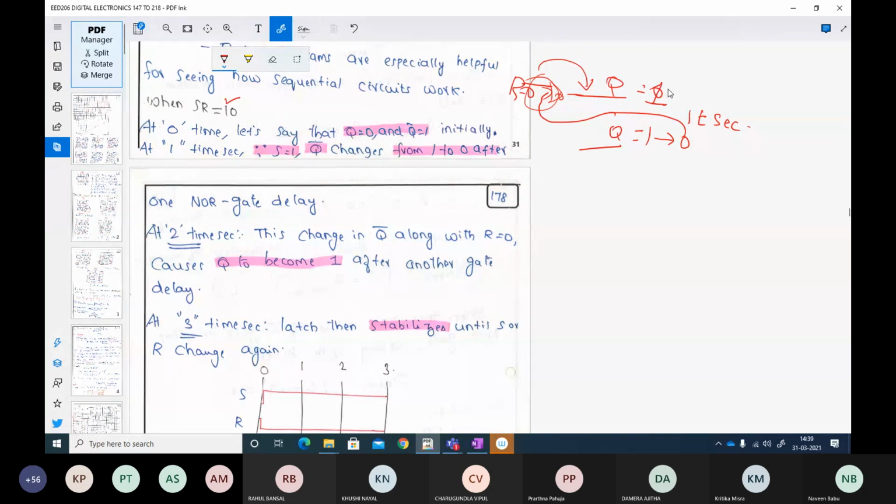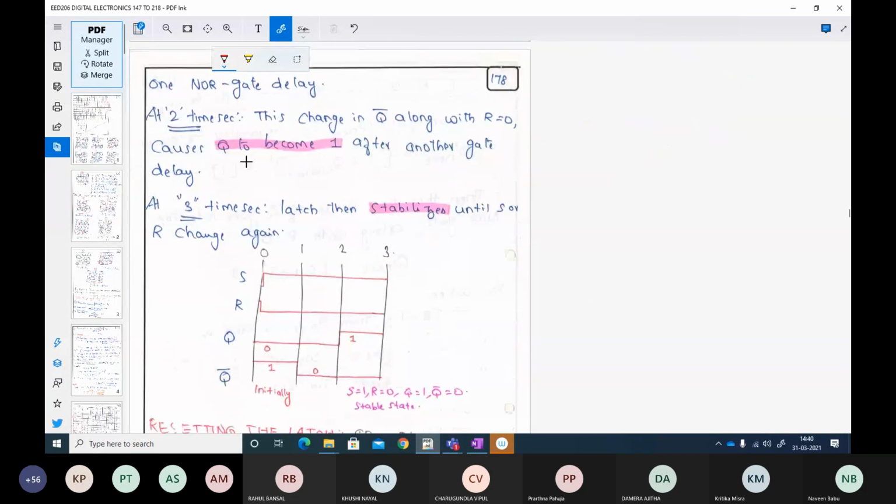Okay, so only after 2 time seconds you will have complemented outputs. So at 3 time seconds you can see that your latch will stabilize with the S and R values.